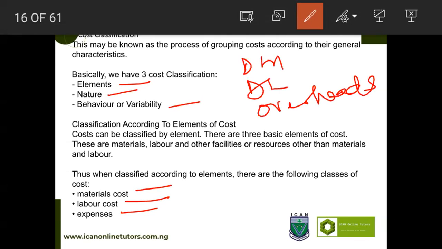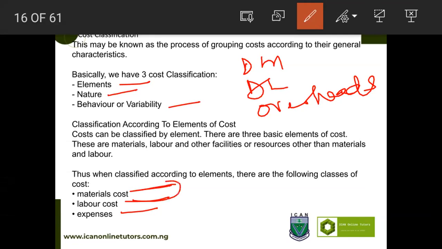What is direct material? Or let me say, what is material cost? If you look at all productions, and we say cost accounting is attributable to productions, what are you doing? You acquire material that you use to produce. That is material cost. The material you are acquiring can be direct, it can be indirect.